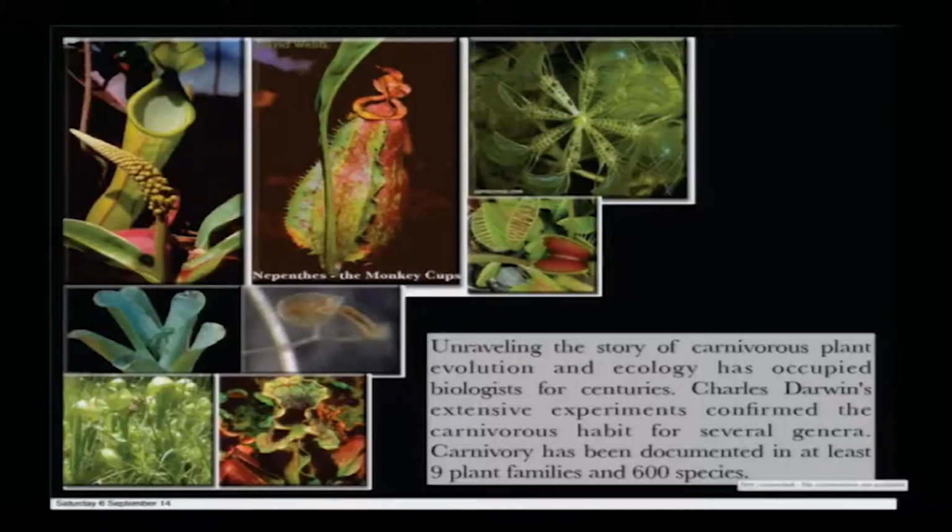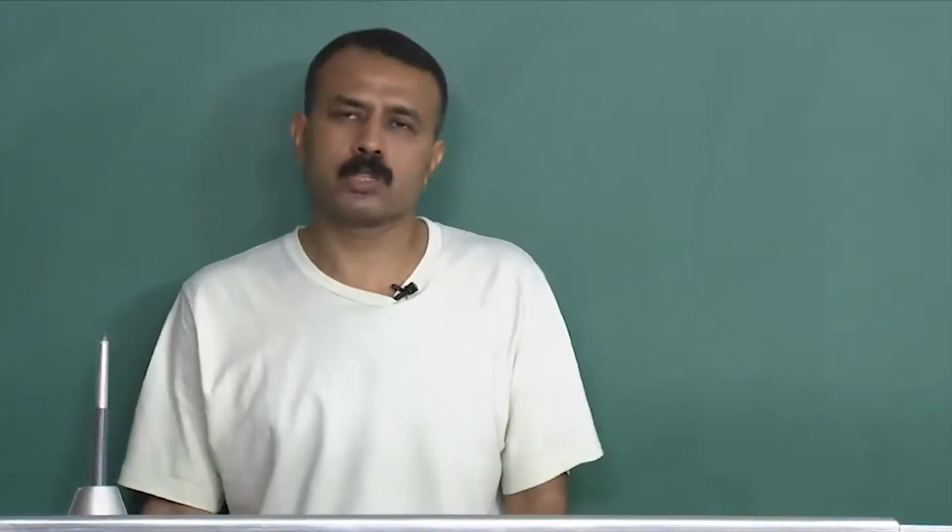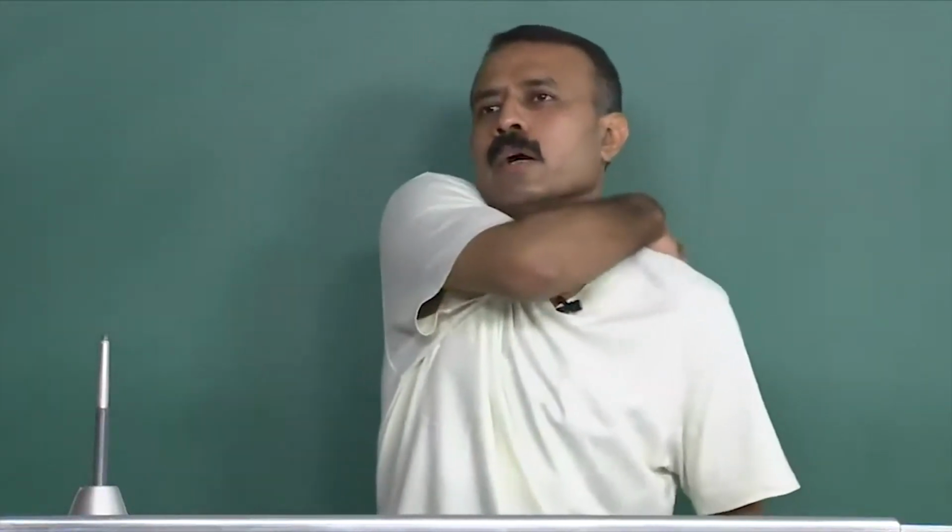There are at least 9 families of plants with 600 species distributed all over the world, and we really do not know how they evolved. It is a very interesting story of evolution, why they evolved, how they evolved, what made these plants so specialized as compared to other plants which just depend on water and other molecules to derive maximum part of their energy.